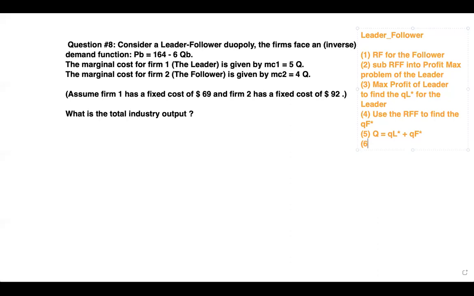What about P star? What do we do for that one? Do you have an idea, Devara? Are you there?